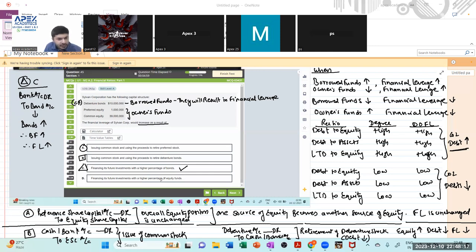What is your answer? Number D, financing its future investments with a high percentage of equity funds. I will draw an inverted triangle for this. Please pay attention. Financing by equity funds, debit what comes in? Bank account debit to equity share capital. What happened?